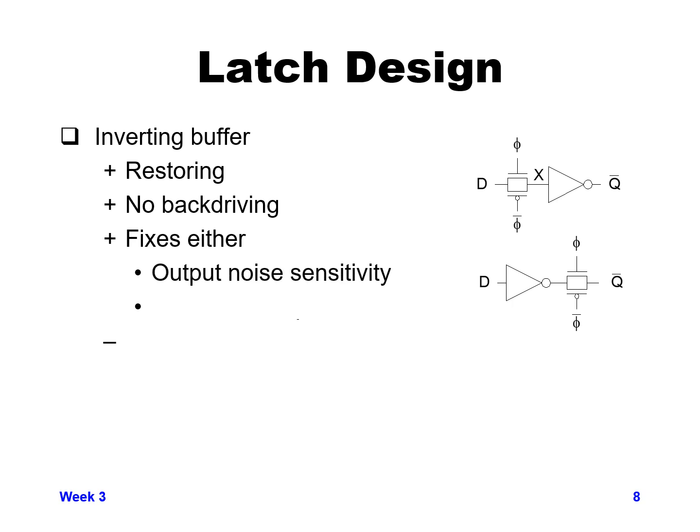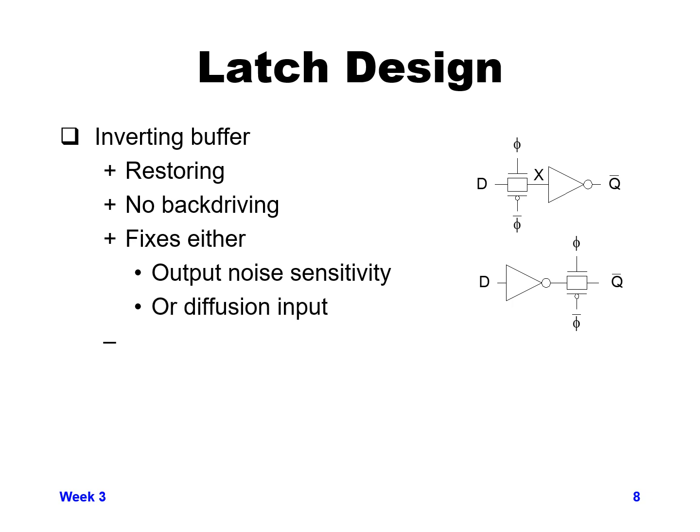Depending on whether you have the inverter before or after the pass gate, this can fix different issues. If you have the inverter after the pass gate, you fix the output noise sensitivity, since you're always driving the output Q bar value with a strong value.